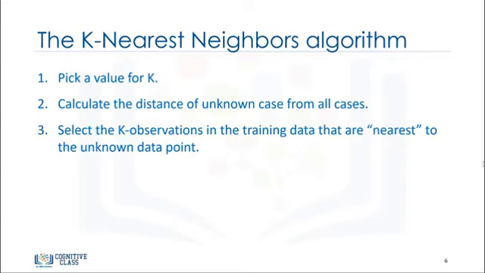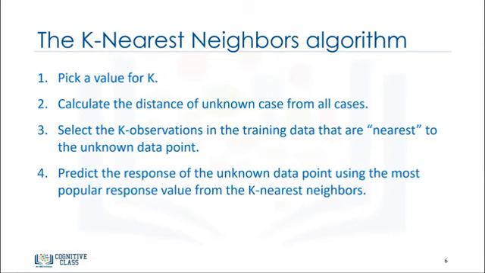Search for the k observations in the training data that are nearest to the measurements of the unknown data point. And 4. Predict the response of the unknown data point using the most popular response value from the K-Nearest Neighbours. There are 2 parts in this algorithm that might be a bit confusing. First, how to select the correct k, and second, how to compute the similarity between cases, for example, among customers.